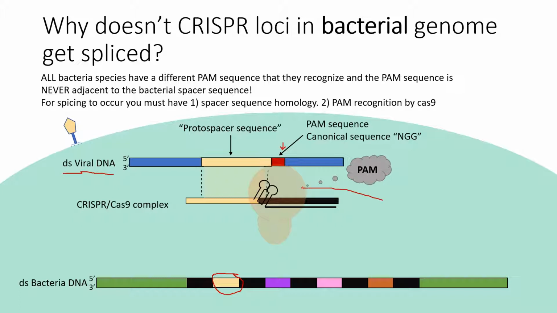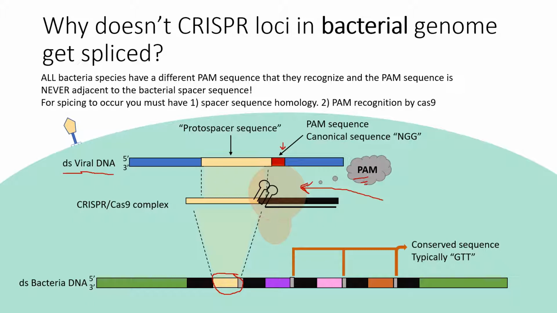The Cas9 itself is on the lookout for this PAM sequence before it can activate and cut. So it has to see this. Even though we have homology to the bacterial spacer sequence, it doesn't have that PAM sequence. Typically it has a GTT or some other conserved short sequence that is never the PAM sequence, making sure that it never attacks itself.